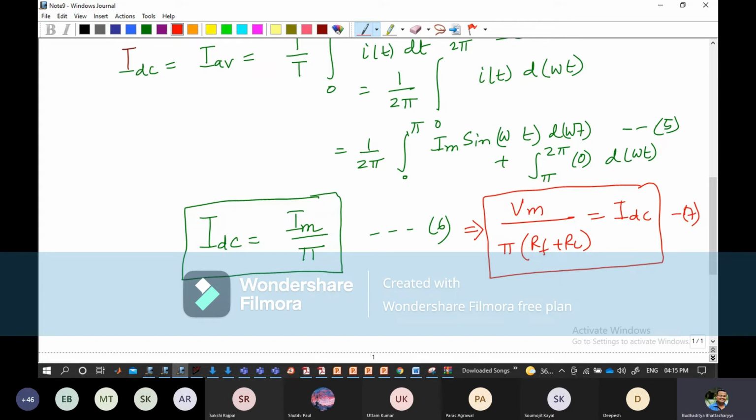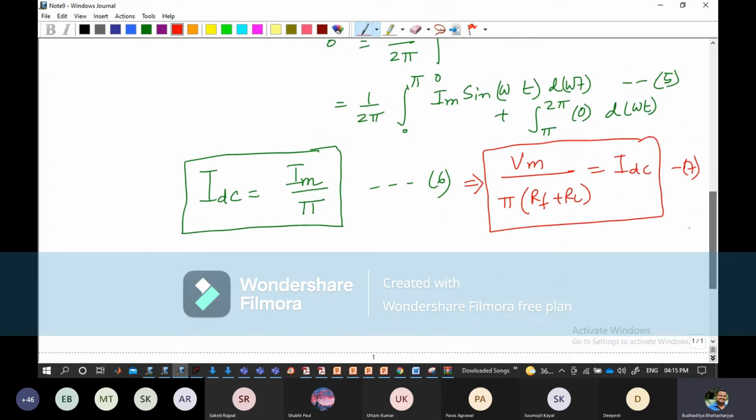Okay, so this is a very important assumption, very important junction actually, that we are calculating IDC, because if I know IDC, then we actually can find out what is VDC. So VDC is equal to nothing but, can anyone tell me, IDC what will be then? Into RL. Yes, IDC multiplied by RL.